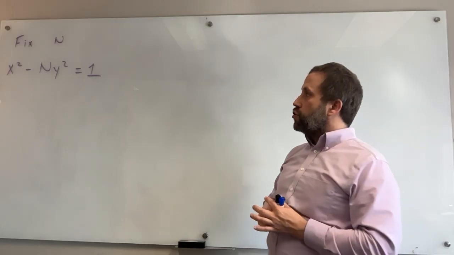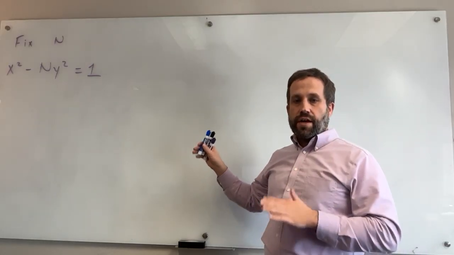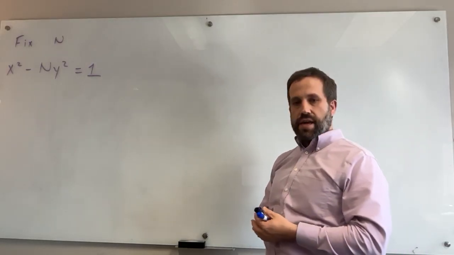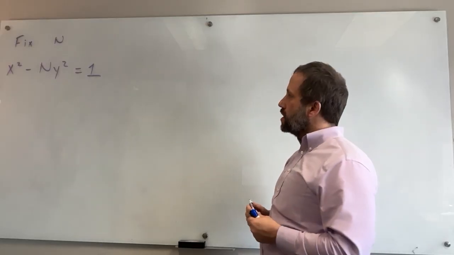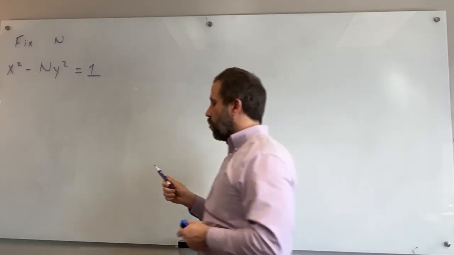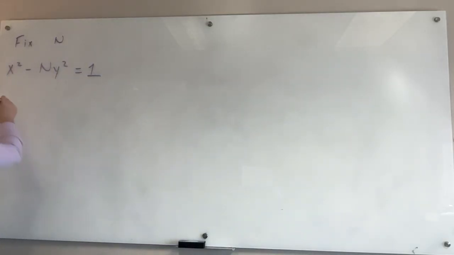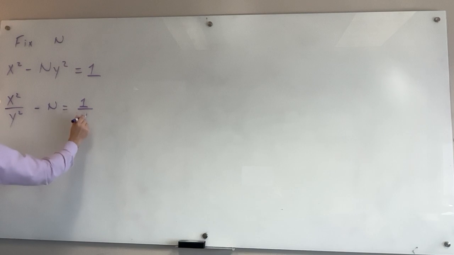I'm not going to talk too much about motivation for why we would want to study this in this video, but I do want to mention one thing. Notice that if I divide both sides by y squared, I get x squared over y squared minus n is equal to 1 over y squared.